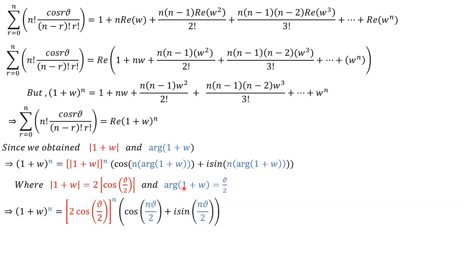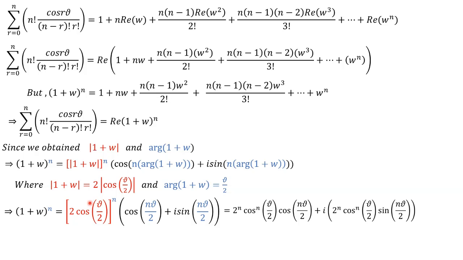We can further simplify by multiplying this inside, that is 2 cos theta divided by 2 raised to the power n times cos of n theta divided by 2, then plus i times 2 cos theta divided by 2 raised to the power n, because this n can still come here.